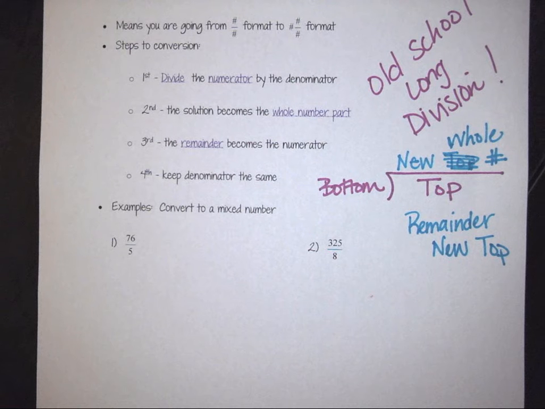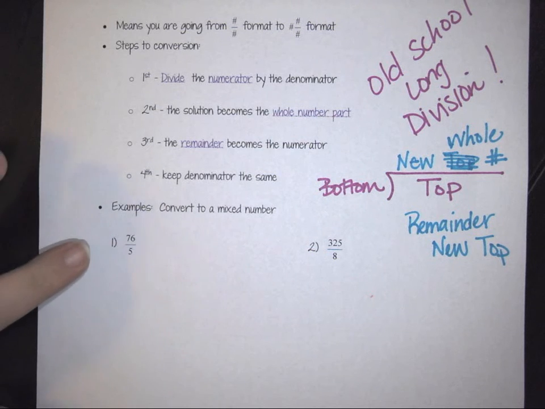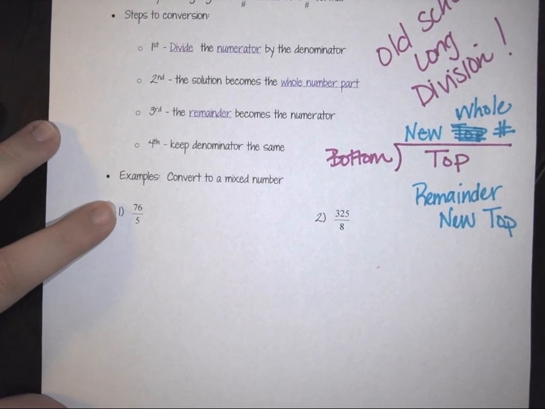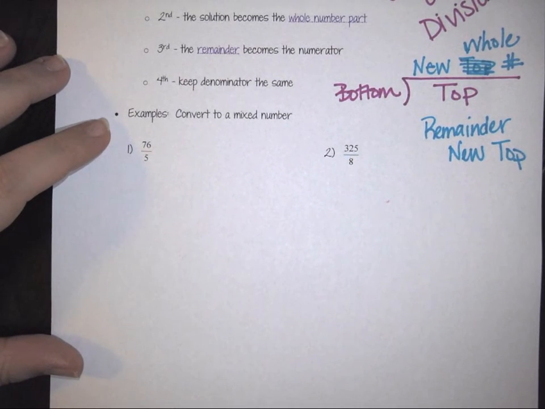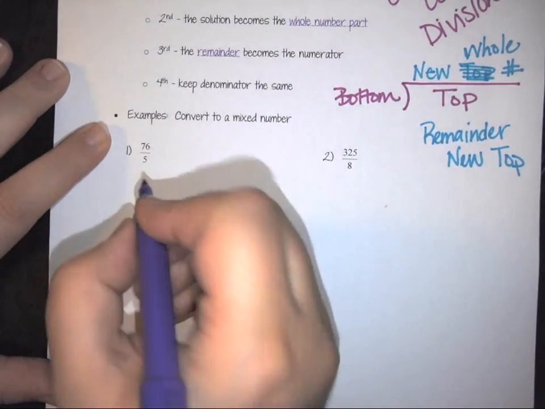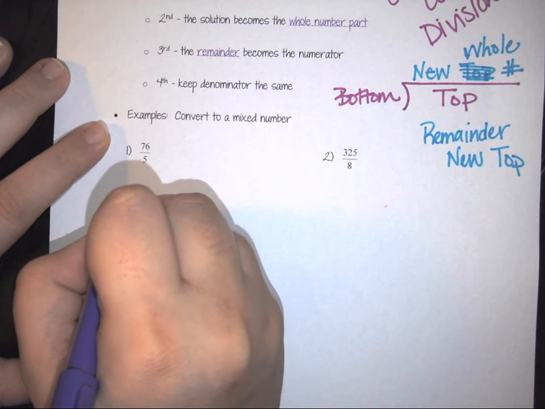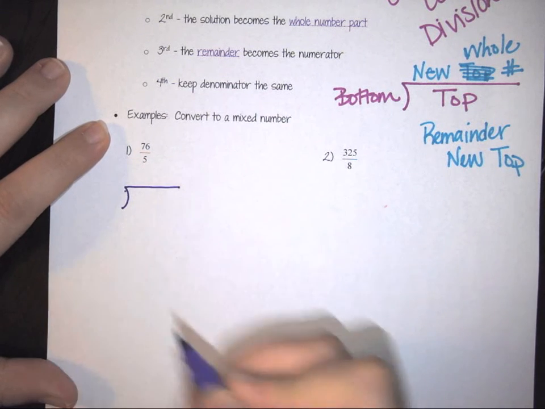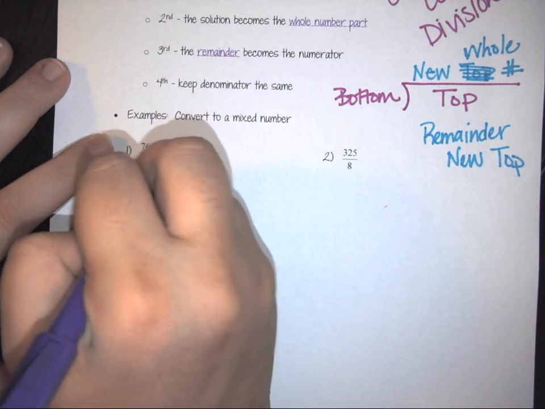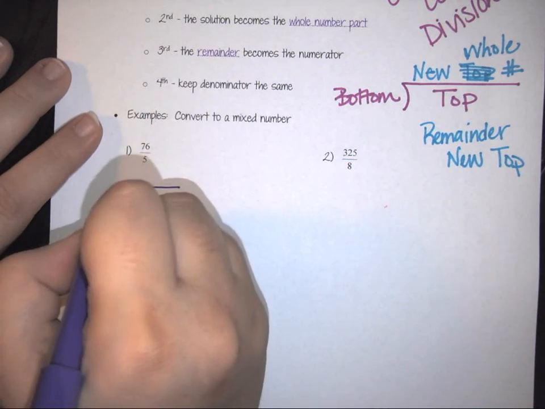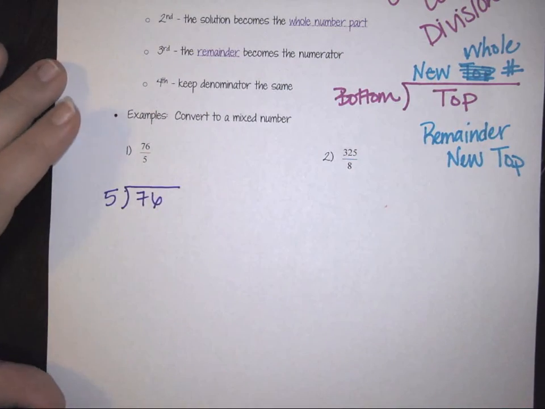So, let's take a look at a couple of these examples so that you can see how they work. So I have 76 over 5. I'm going to set up my old school long division. I put my division sign in, and my top is 76, my bottom is 5.